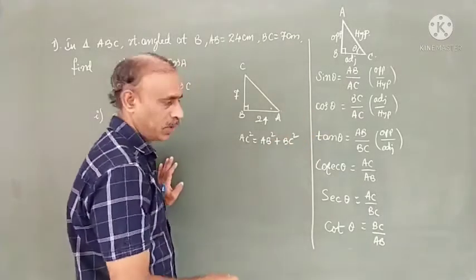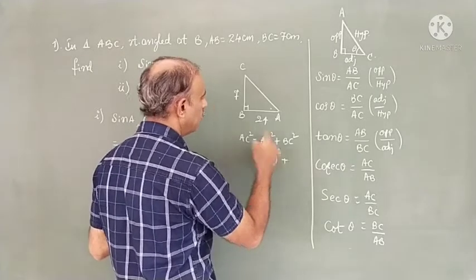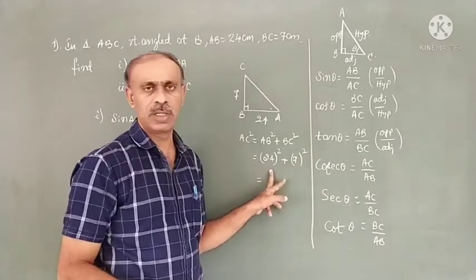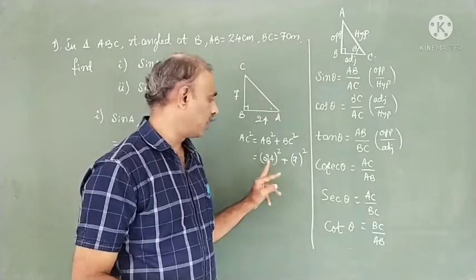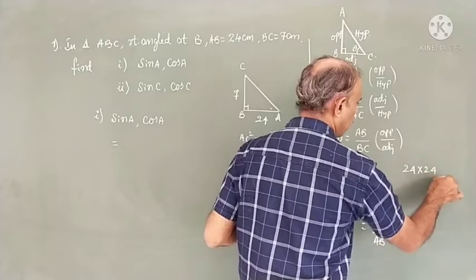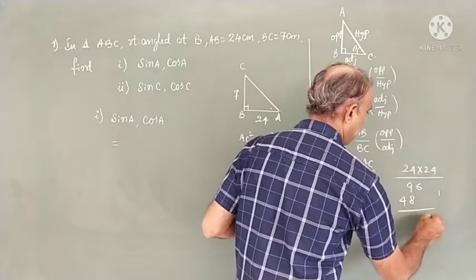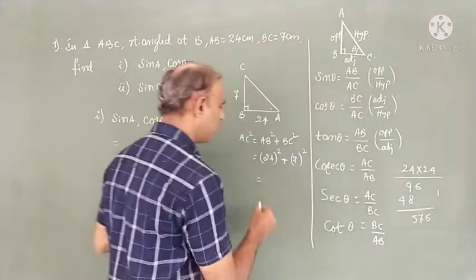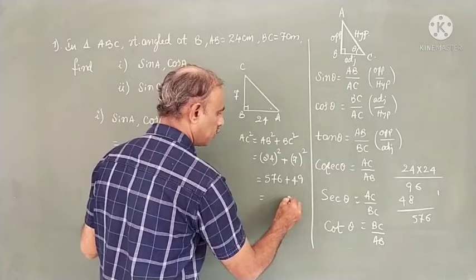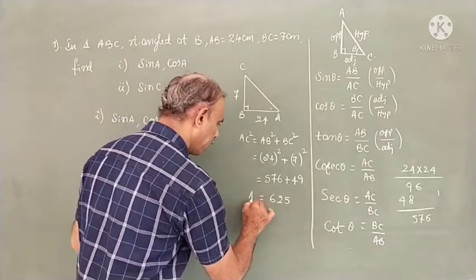This relation you already know. AB is 24, so 24 square plus 7 square. 24 square is 24 into 24, which is 576. 576 plus 49 is 625. So 625 is AC square.